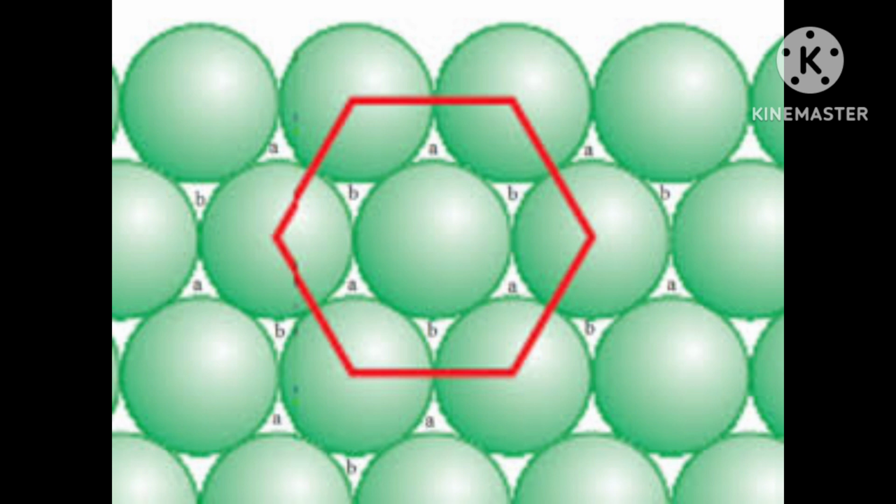But if you consider 3 dimensional, then again you will find these two: a square, like the cube you are telling, and the other hexagonal. Hexagonal means the one in the middle is surrounded by 6 spheres. That is called hexagonal packed.